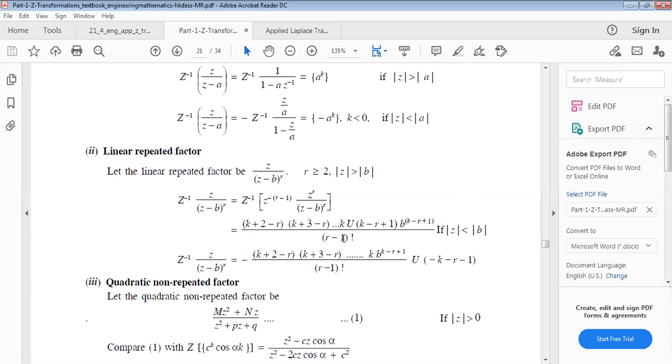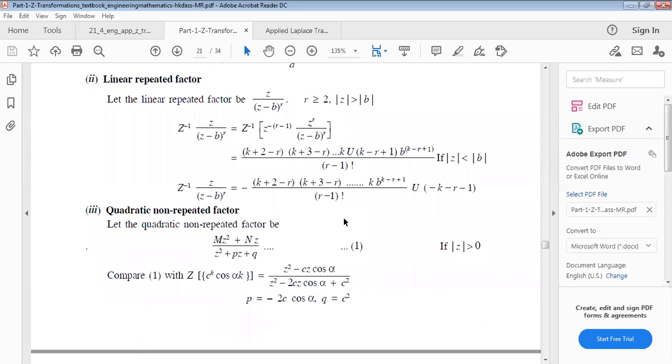Actually it is the nCr combination formula; writing the combination formula, we get this one. And so the inverse z transformation of this can be expressed by taking minus common. Why? b is greater than 1, so you have to take b common. And if |z| is greater, then you have to take z common. So in the linear repeated factor, we have to write these two cases.